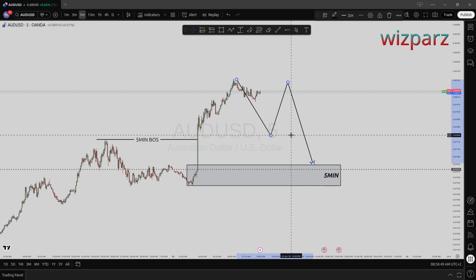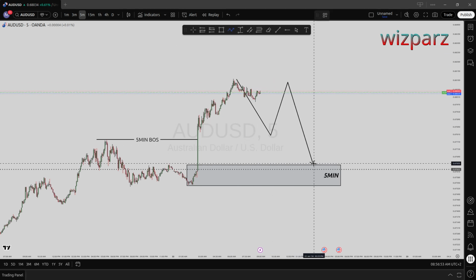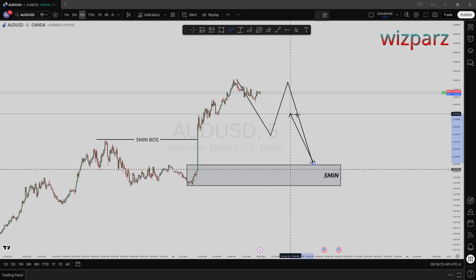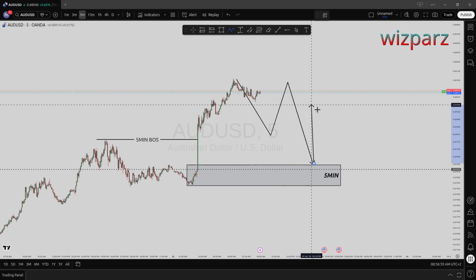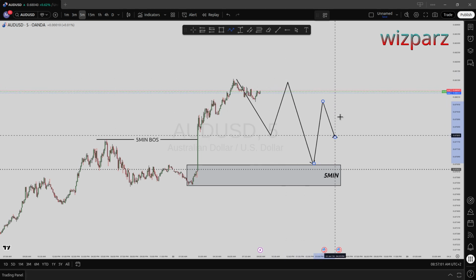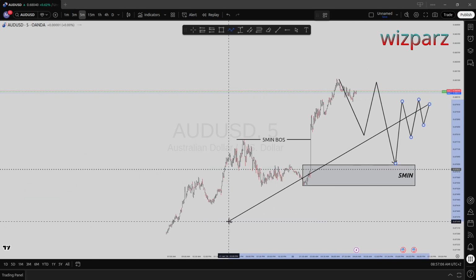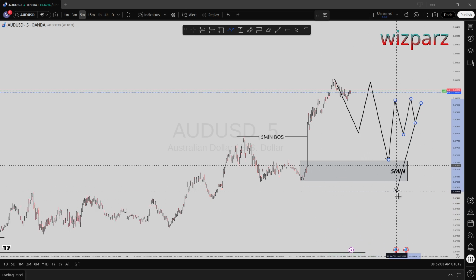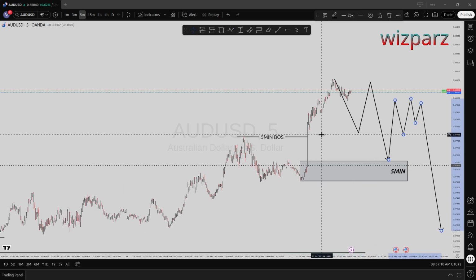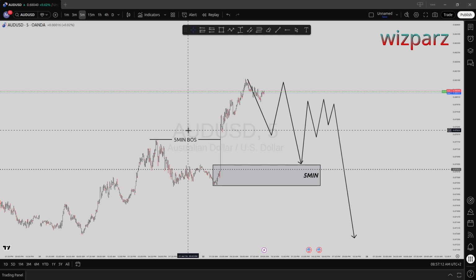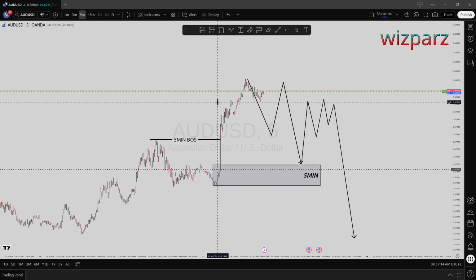If this scenario happens, I'm going to wait for price to come back to formed supply area here or formed major 5 minute zone, and then wait for price to make 1 minute change of character to the downside, and look for short opportunity targeting for price to come back. Okay, that's what I'm waiting on gold on AU.